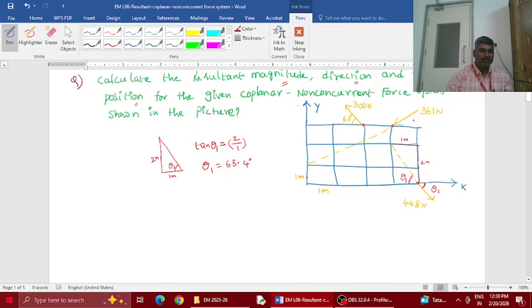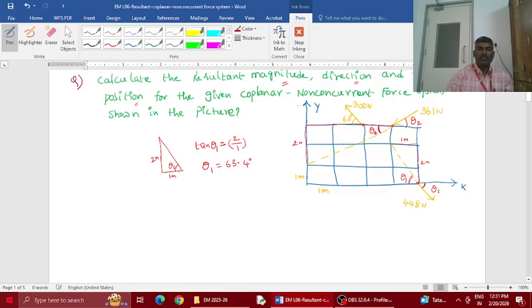Similarly, let us consider now 361, which I call theta 2. From mathematics, these are opposite angles, theta 2. Now you see this line of action forms a triangle, which is the triangle I need to consider.